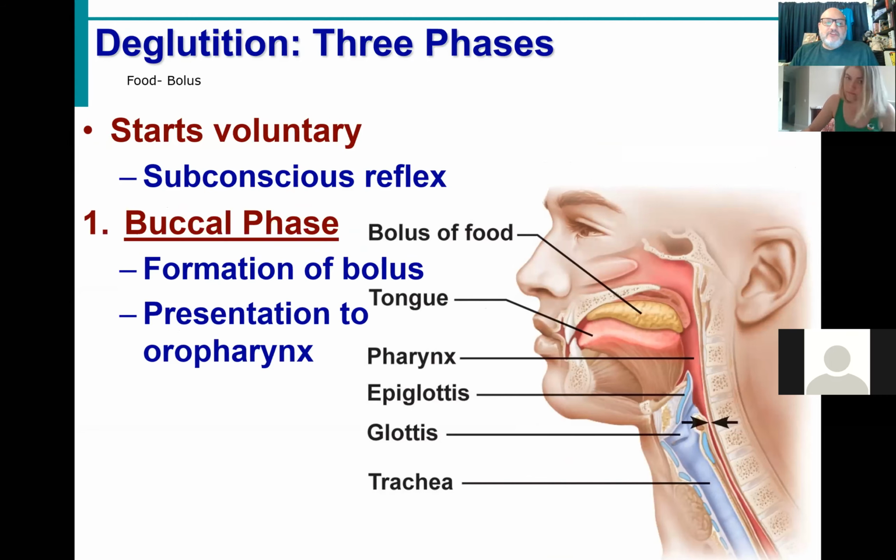And then we present that bolus with the tongue towards our oropharynx. Remember, as we talked about, this muscular tube that is the pharynx basically has 3 main regions to it: the nasopharynx, the oropharynx, and the laryngopharynx, associated with the big openings they are adjacent to.